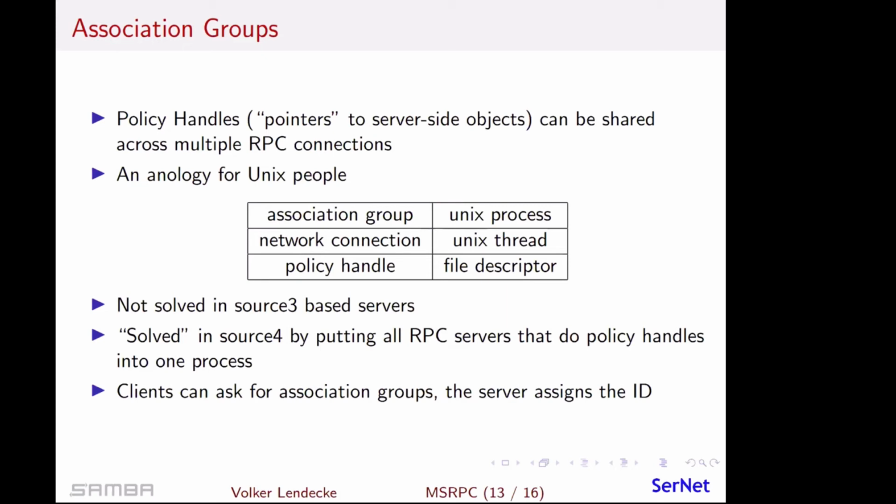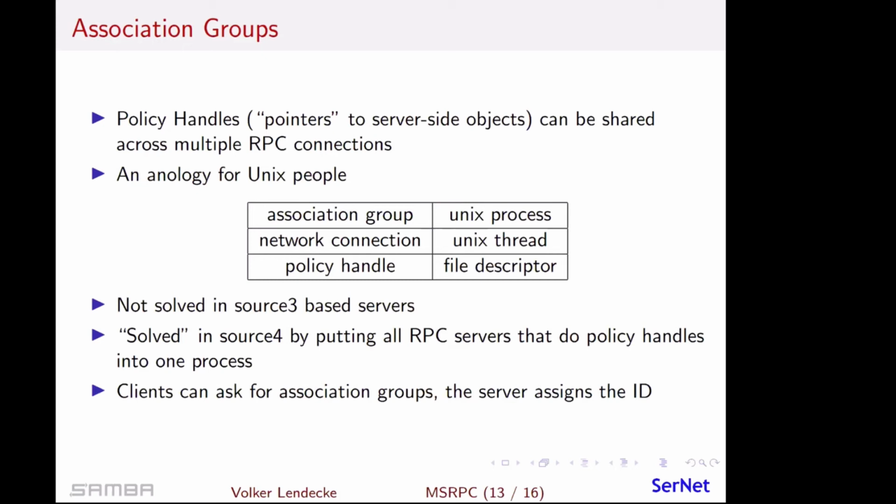That's the Unix process, where this is a file descriptor. The policy handle, likewise, is valid for the association group. And the network connection, I mean, this is our basis so far, is a Unix thread. And so what this means is that policy handles are valid across network connections, across all threads. File descriptors are valid across all threads. And we just don't do this properly in source3.